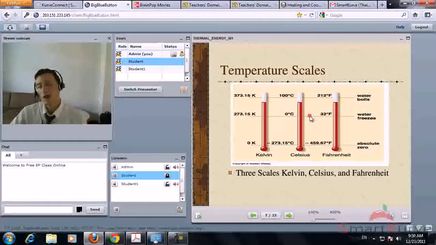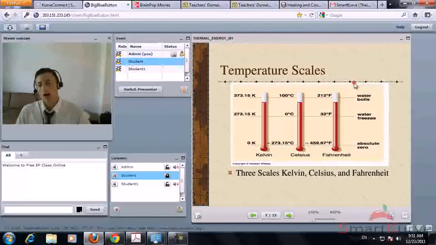If you notice on the right side, we have another scale called Fahrenheit. This is the scale that we use in my country, in the United States. It's a little bit different. In this scale, water freezes at 32 degrees, and it boils at 212. So you'll notice we have a difference there of 180.